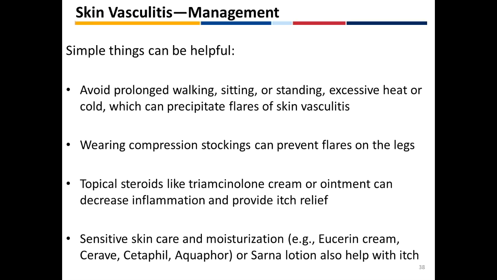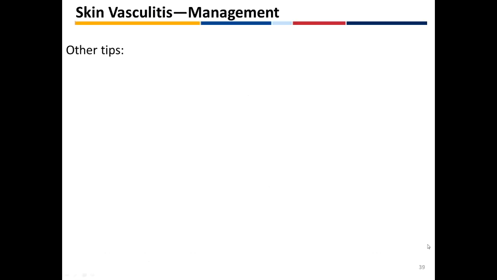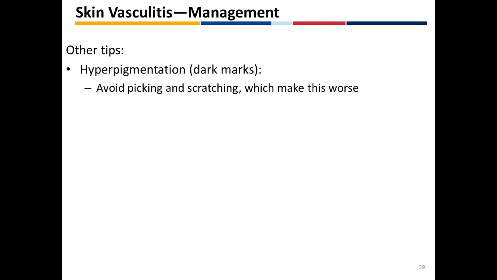Excessive sun can also cause them to darken up, so keep them covered or use sunscreen to prevent darkening. There is a lightening cream out there, but it's hard. You can imagine if somebody has multiple spots, it's hard to put the cream on all these little spots, so it may not be a practical solution, but sometimes we might do that for dark marks that are bothersome.